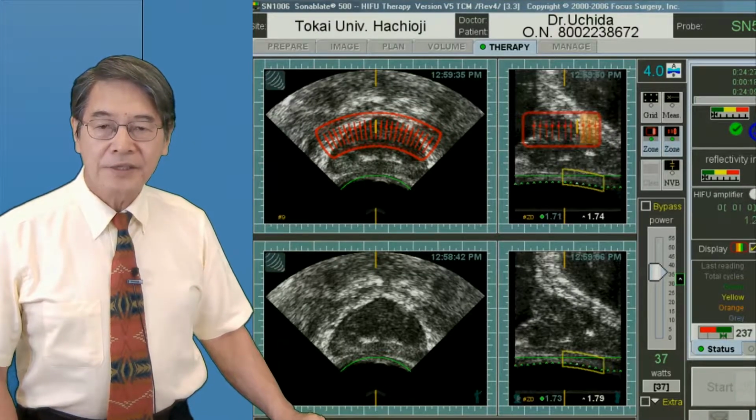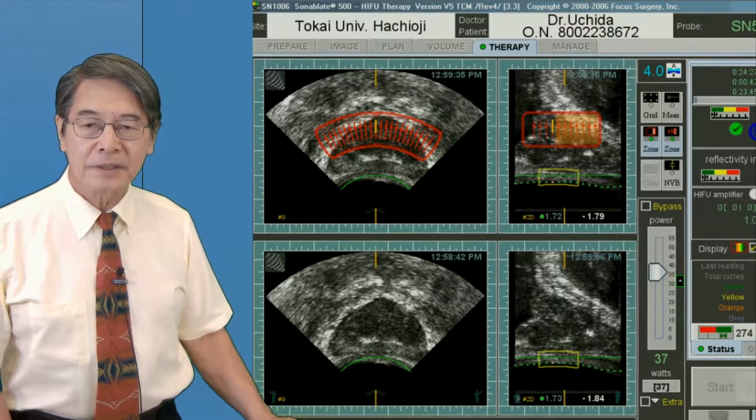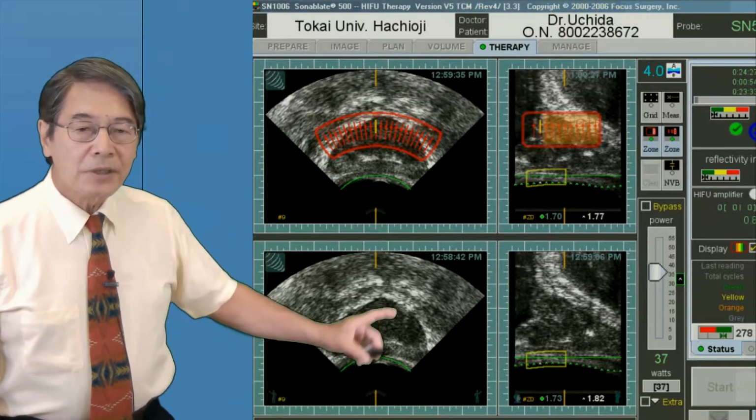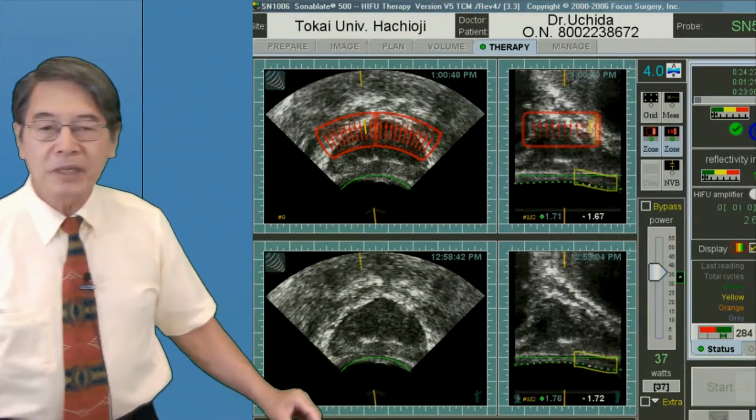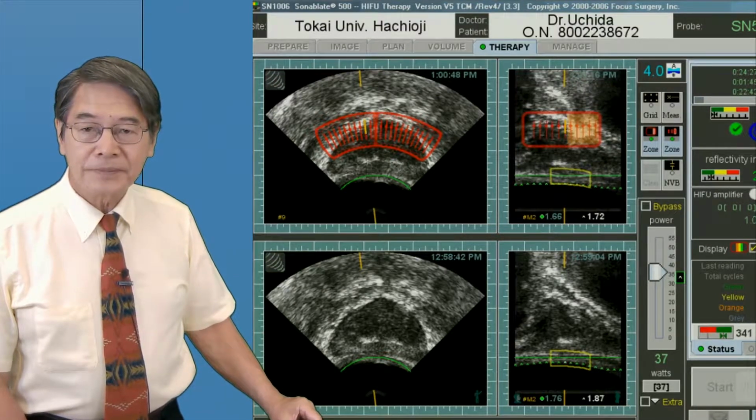This is the display he is watching during his clinical HIFU treatment. In the image on the right, in the area painted in orange, boiling echoes are seen.